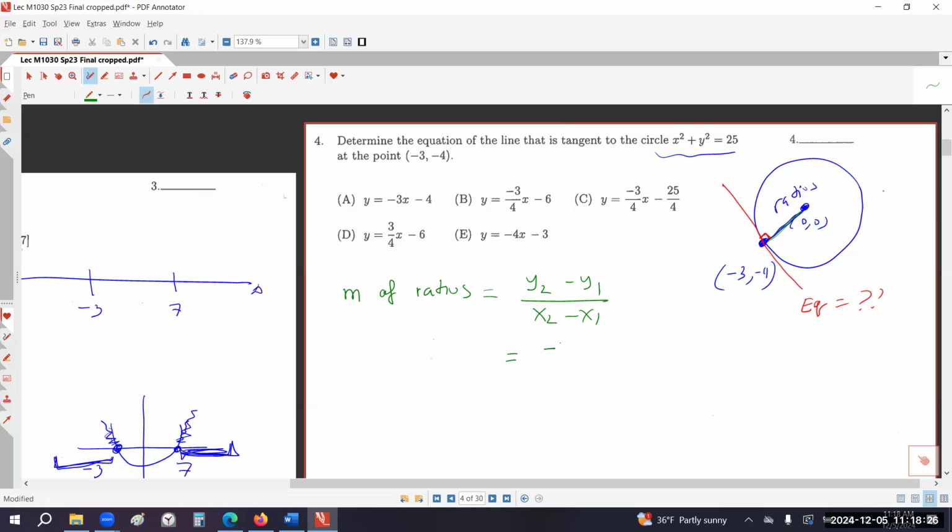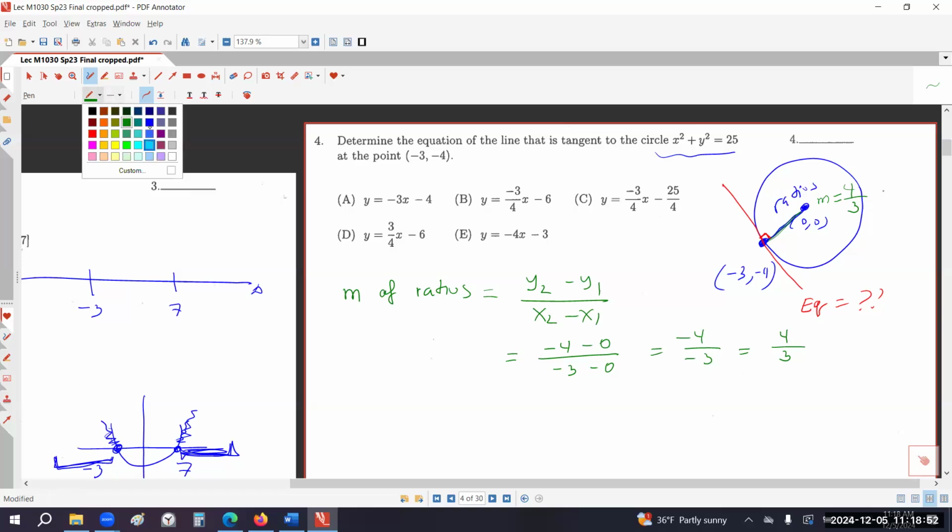So we have -4 minus 0 over -3 minus 0. That gives us -4 over -3, which is 4 over 3. So this is the slope for the radius, 4 over 3. That will help us to find the slope of the tangent line.